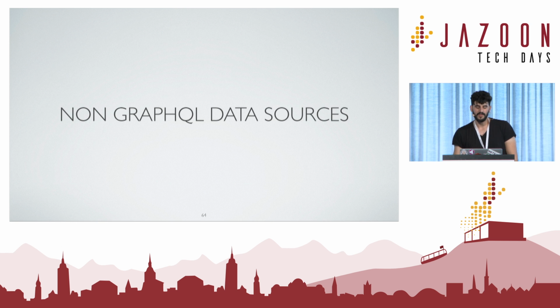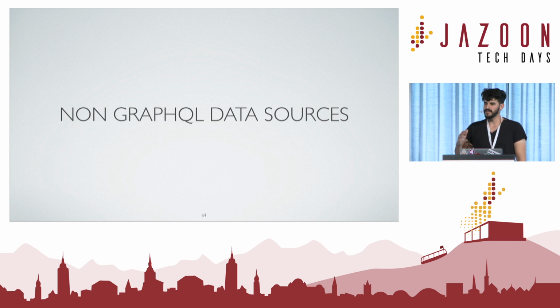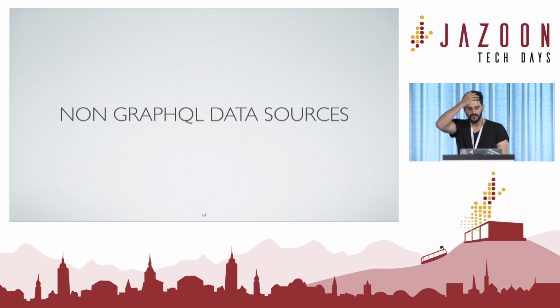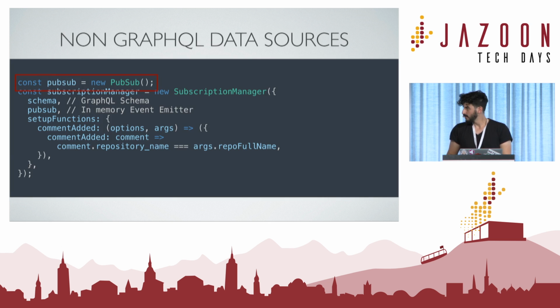So up until now, we've talked about GraphQL-only systems, meaning each of our events were actually mutation results being pushed to other clients. But we can also add GraphQL subscriptions to other non-GraphQL systems or other non-GraphQL data sources. I lied, actually. This is the last one.